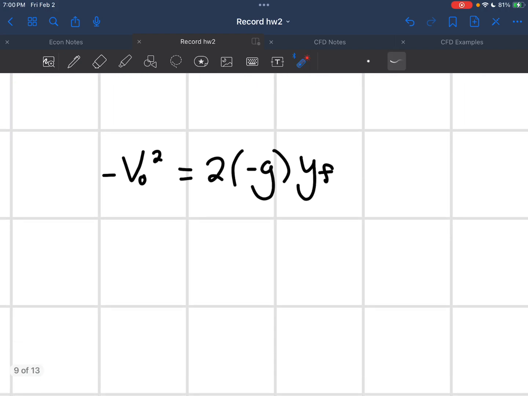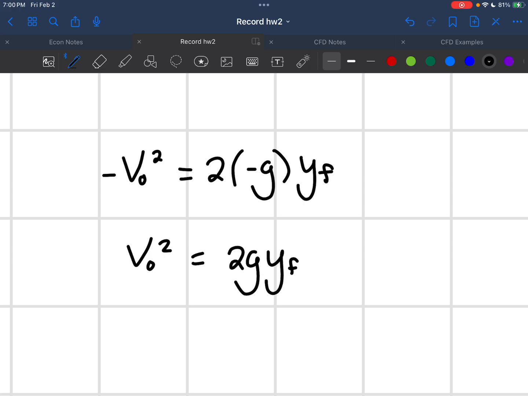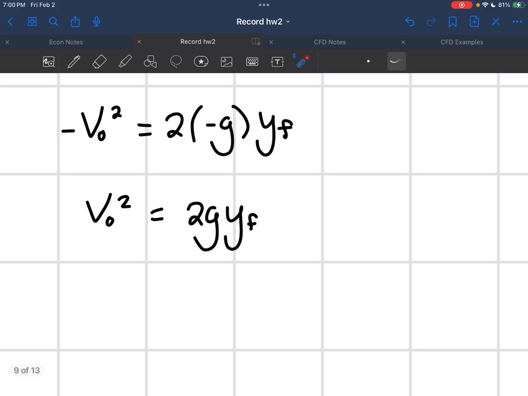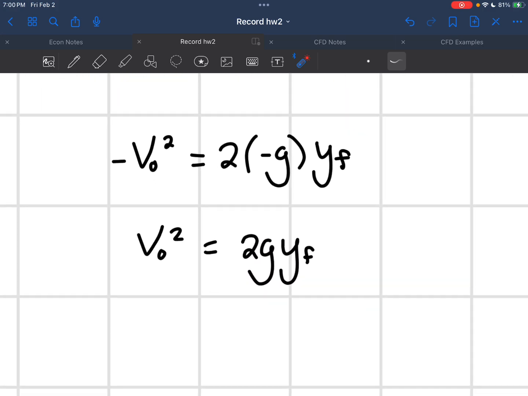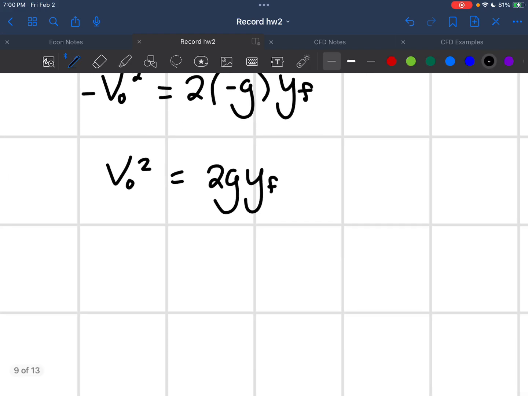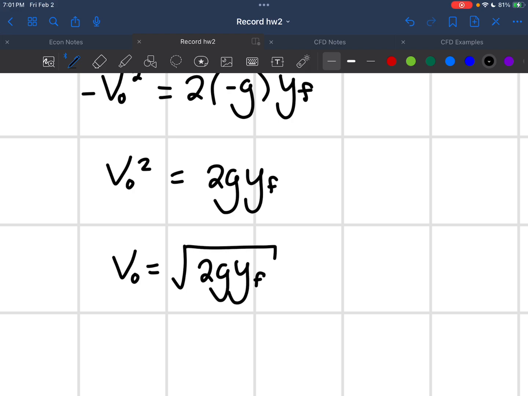Solving for v naught, I want to just drop the negative on both sides, so I'm just dividing by negative 1. V naught squared equals 2g y final. Again, I don't like plugging in my numbers just yet. I'll plug in g and zeros to make my equation look nicer, but I don't plug in my numbers until I have it solved all the way for v naught.